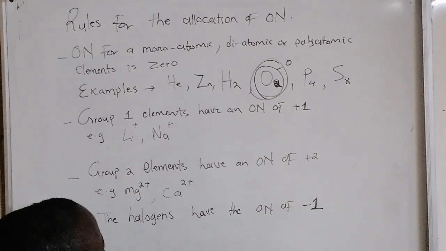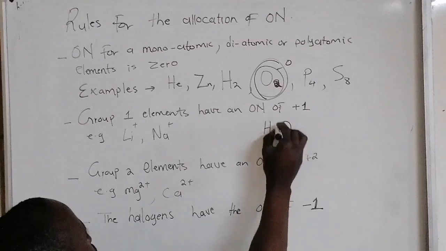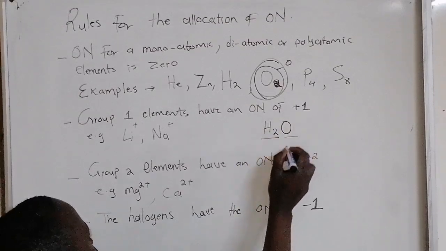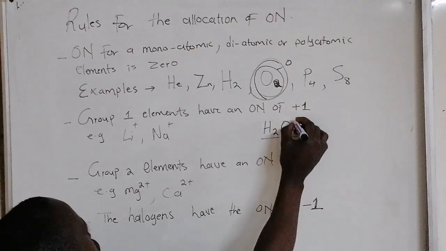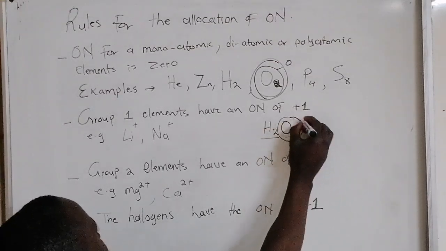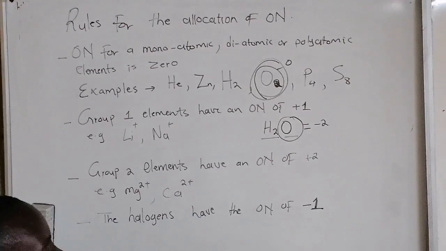So when it is on its own, its oxidation number is 0. But when we combine a hydrogen atom with the oxygen atom, the oxygen atom will always have an oxidation number of negative 2. It is very, very important.